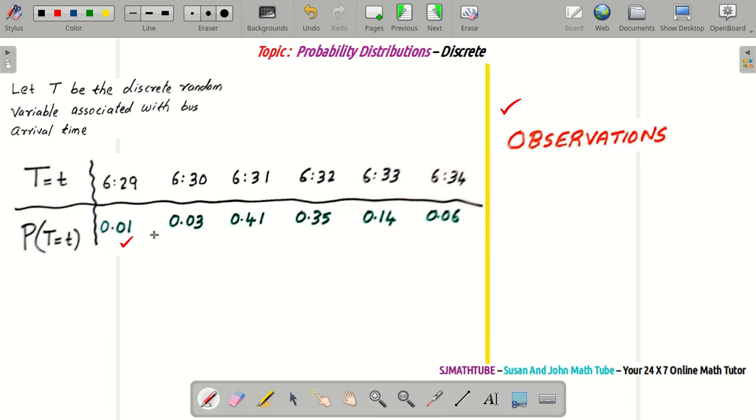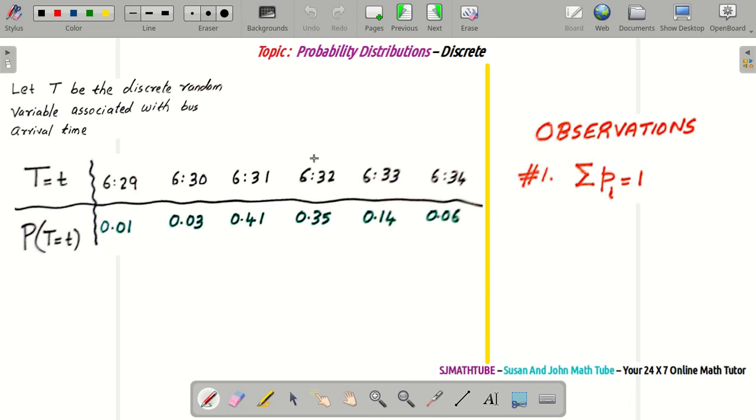The first thing I can observe is none of the probability values can be negative. And I can observe one more very important thing, that is, if I add all the probability values, can you guess? The answer will be equal to 1.